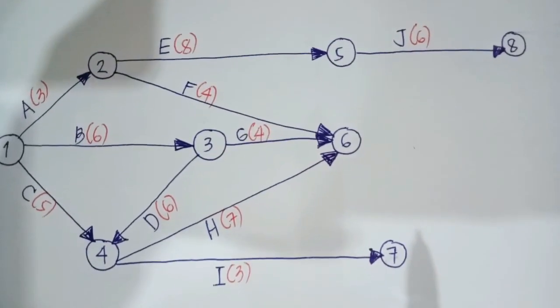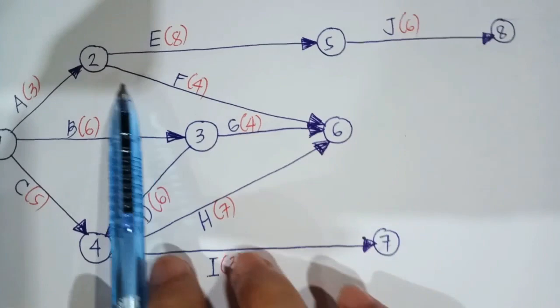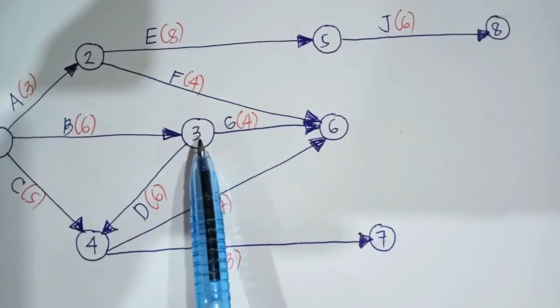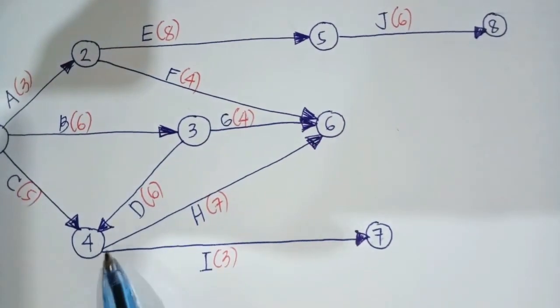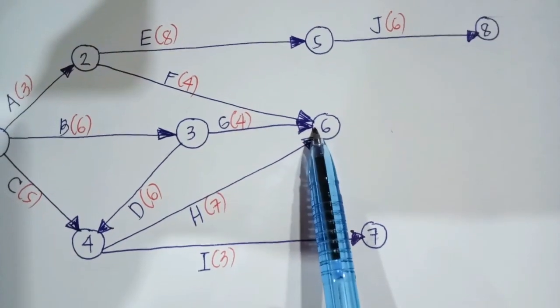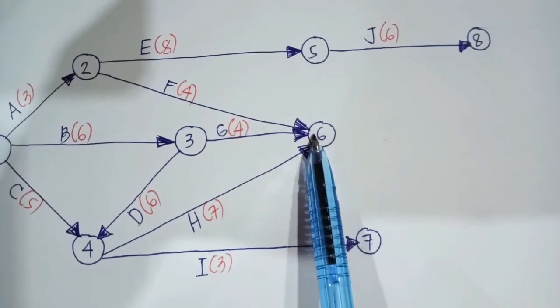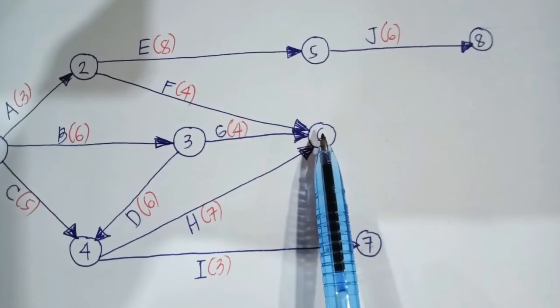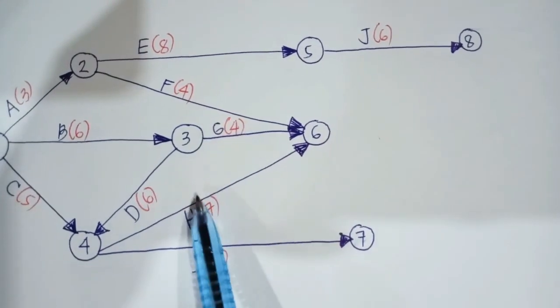Now, as you can see in our network diagram, this is our activity F, this is our activity G, and this is our activity H respectively. And like I said earlier, our activity K starts where F, G, and H end.